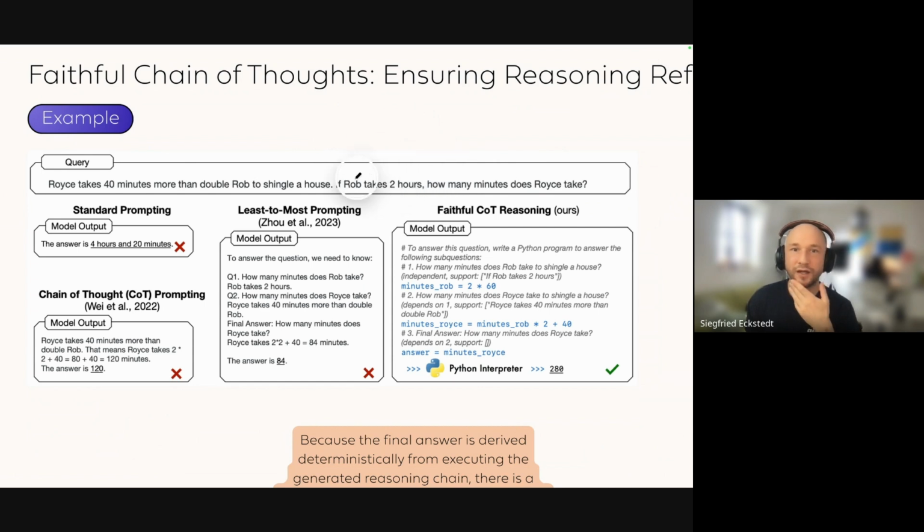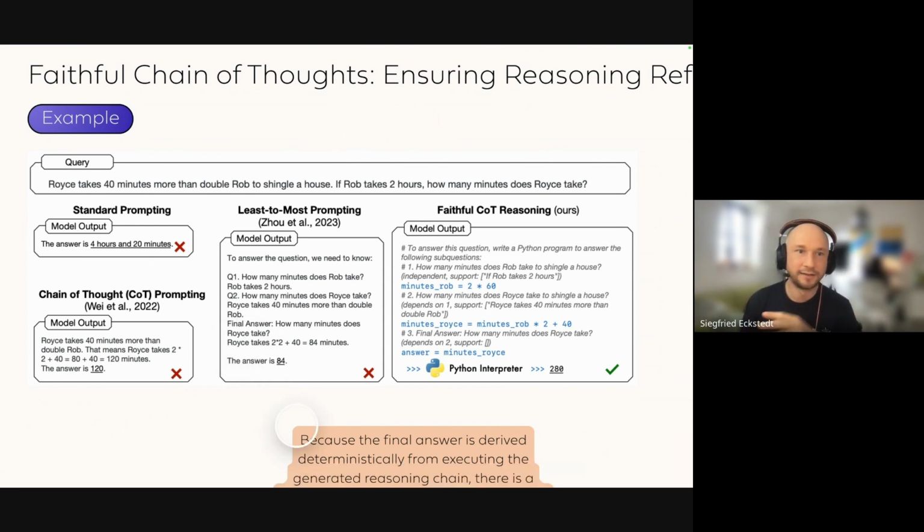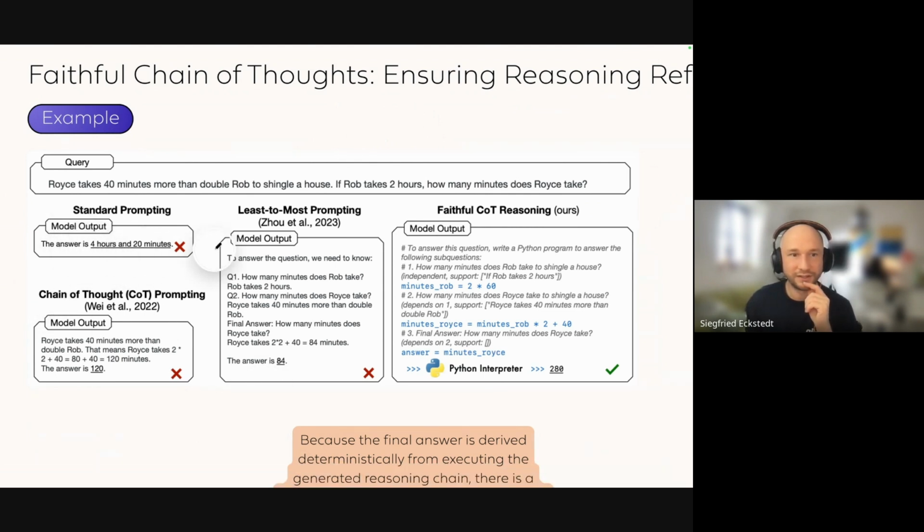You have to take the 2 hours of Rob times 2, which is 4 hours, 240 minutes, plus 40 minutes, which is 280. So it's a multi-step calculation. And with standard prompting, you get the wrong result. With chain of thought, it's the wrong result because it fails the calculation.